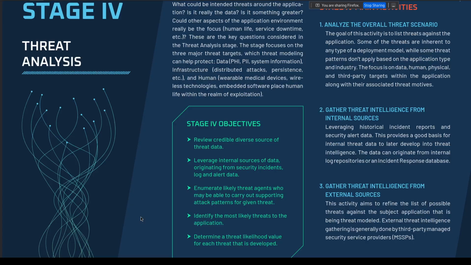And then the third activity is gather threat intelligence from external sources. Here you will list out the possible threats against your application from external audits that were done for you.